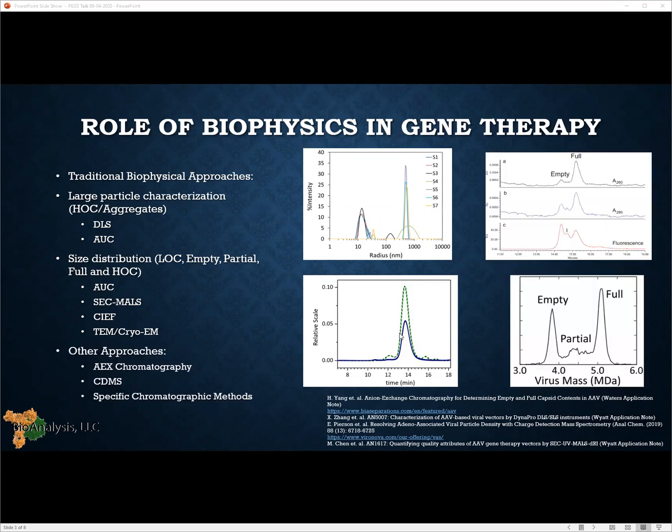Other approaches such as anion exchange chromatography can give you good readouts for your empty and full. And again, it's all dependent on these types of affinity-based chromatography, which has its problems. Another type of technique is charge detection mass spectrometry, on the right-hand side here, which can give you a good idea of your empty, partial, and full.